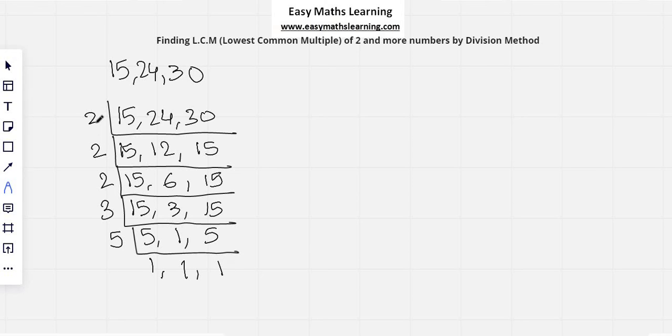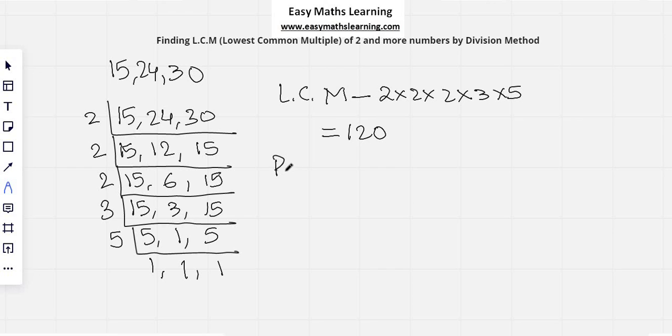Now we will multiply these divisors to get the LCM of 15, 24 and 30. So 2 times 2 is 4, 4 times 2 is 8, 8 times 3 is 24, and 24 times 5 is 120.